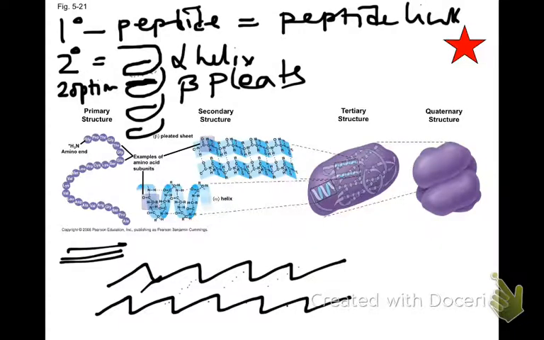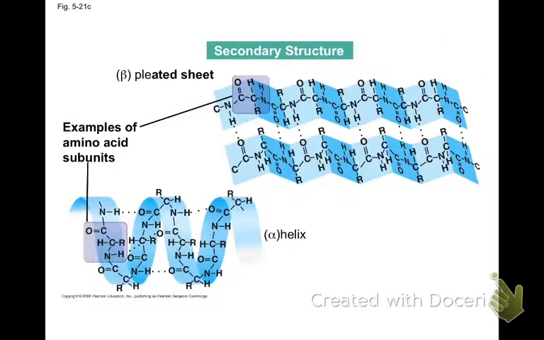Okay, this does not complete the story of protein structure. Why? They can further fold among themselves, which will give you a tertiary structure. How does that work? This is your alpha helix.